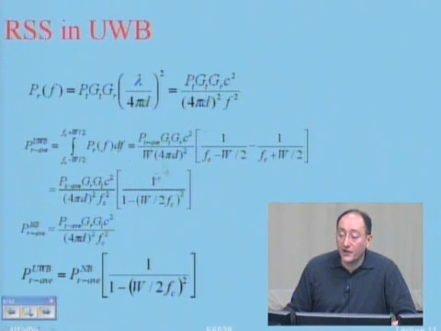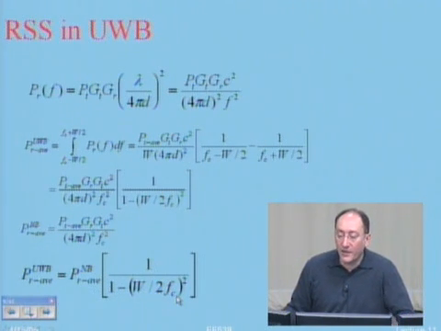Whenever rather than f I put fc, this is the received power for narrowband communication. Then I have this factor on top of that. So totally, my ultra-wideband power is this thing, which is the narrowband power, times this thing, which is 1 over 1 minus w over 2fc, squared.